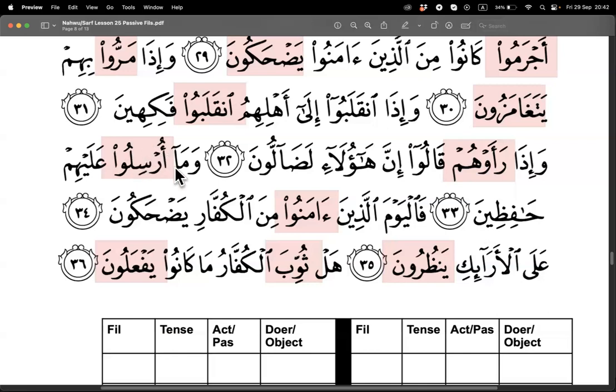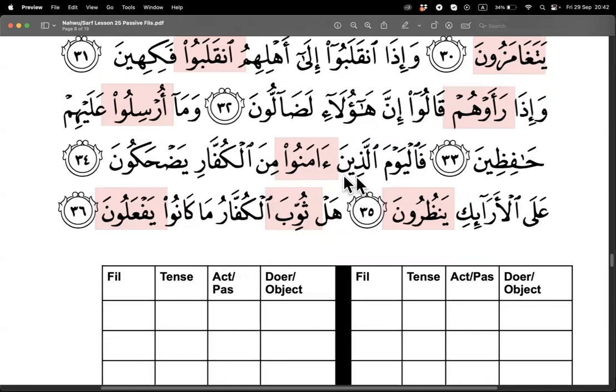So basically, they were not sent to them as hafidhin, as protectors. So this is more likely hal. But maf'ul bihi is a very good guess. If we read the translation, it makes more sense. Okay, hal. Next one.